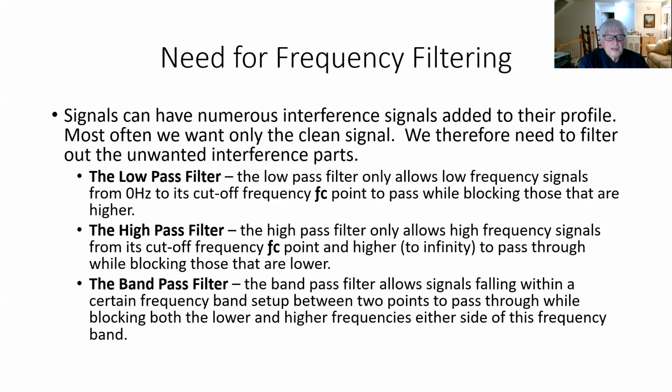And finally, we have a bandpass filter, where the bandpass filter allows signals to fall within those two frequencies. So you've got two FCs, one low, one high, and anything between those two passes through, and that's called a bandpass filter.